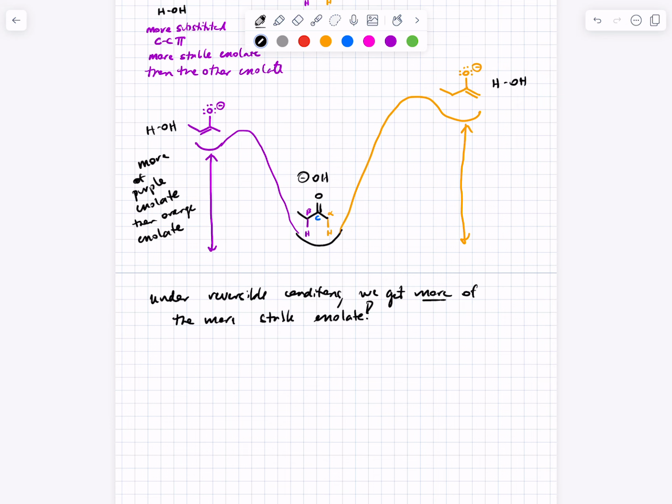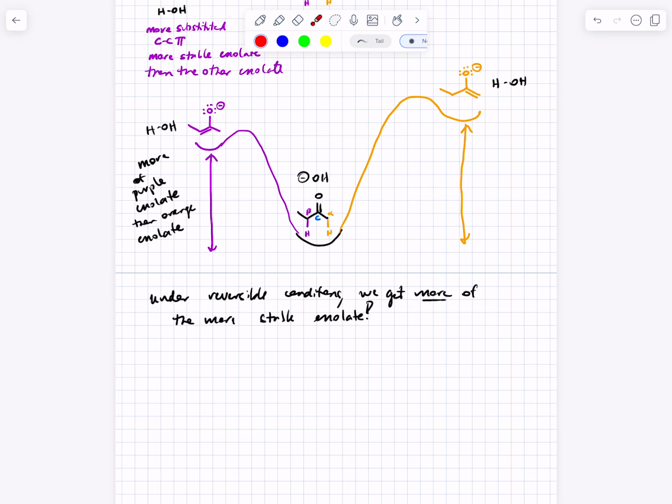And that's actually general in organic chemistry. Under reversible conditions, you get more of the more stable product, period. Has to be that way. How fast it forms doesn't matter, because under reversible conditions, you're going back and forth all the time, and you're eventually going to get a mixture of products weighted by how stable they are.